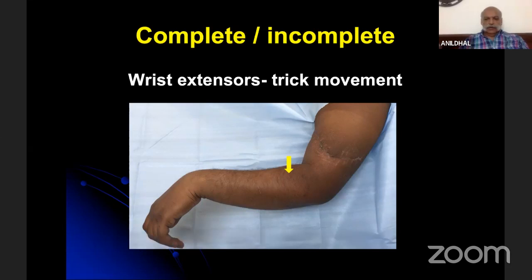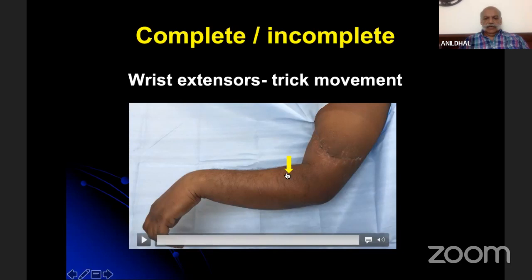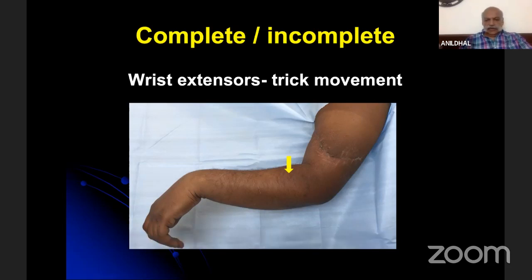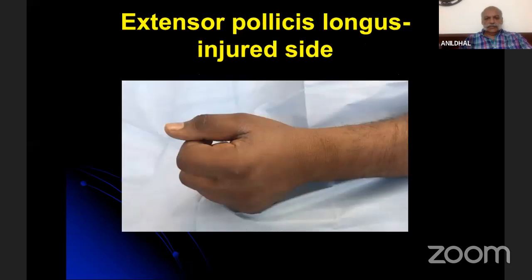And if you want to confirm, always palpate the muscle belly at this level, the proximal forearm level, to be able to say that there is no contraction. The dictum here is: analysis of movement is not analysis of muscle power. You must remember this.